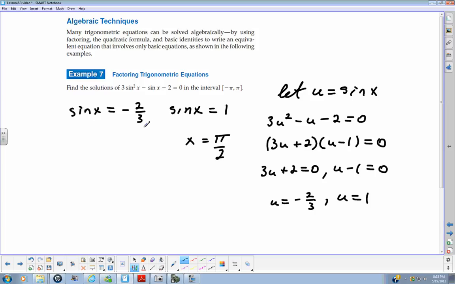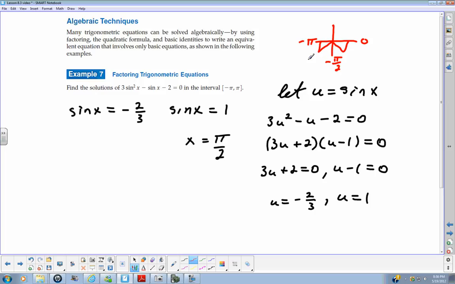Now for negative 2/3, just a little reminder, on the coordinate plane when the sine is negative, that would be in the 3rd quadrant and in the 4th quadrant. So we're talking between 0, negative pi over 2, and negative pi when we find our answers.